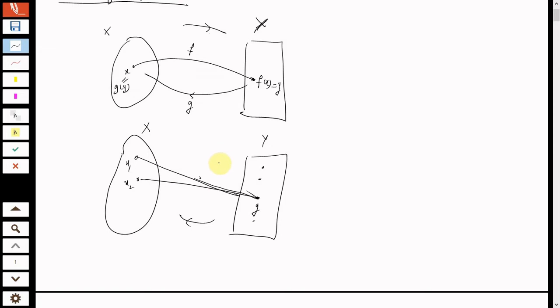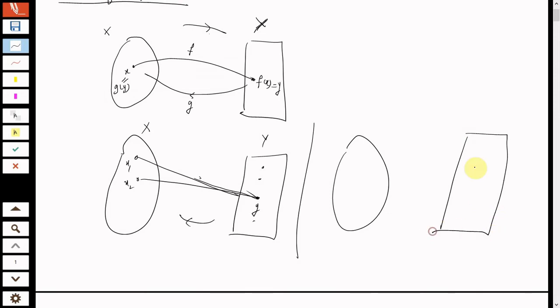Now, secondly, is that enough? That is also not enough. We also need the function f to be onto, because if it is not onto, what will happen? Say this is the function f. When I say that it is not onto, that means there is at least one element which does not have a pre-image through f.